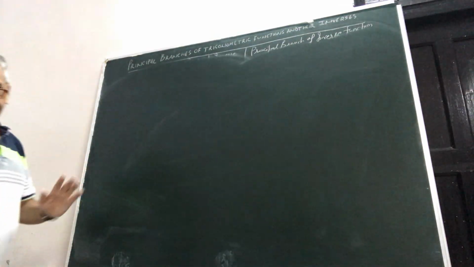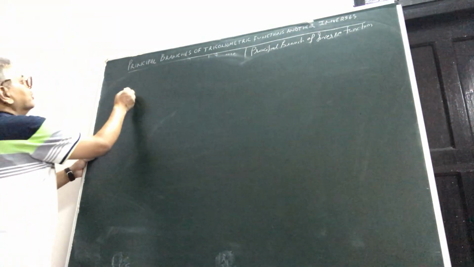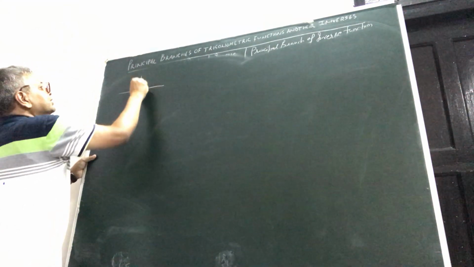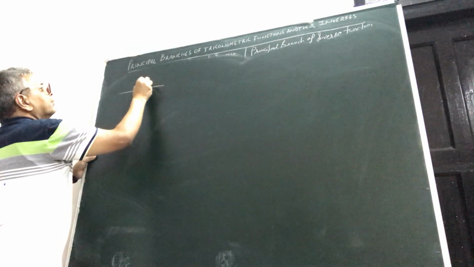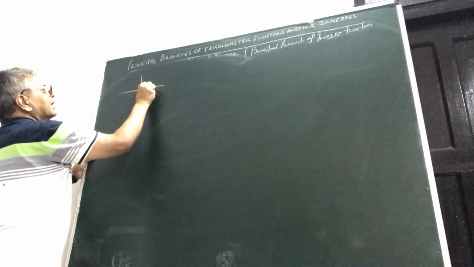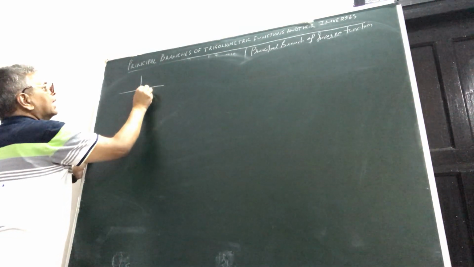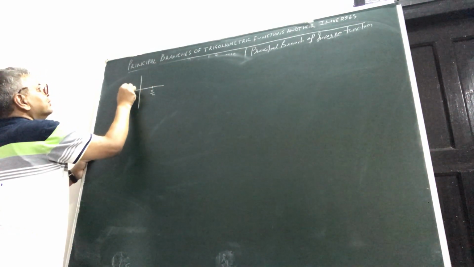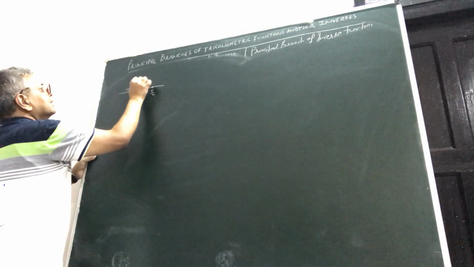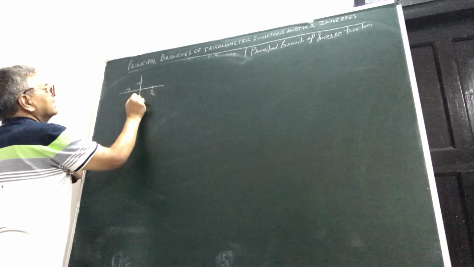Suppose, first of all, we will take sine theta and sine inverse theta. So sine theta, I am drawing its principal branch here, and it is like this. Suppose this is pi by 2, this is minus pi by 2. This is plus 1, this is minus 1.